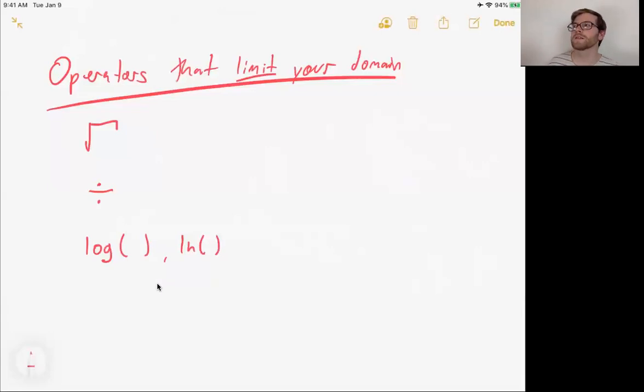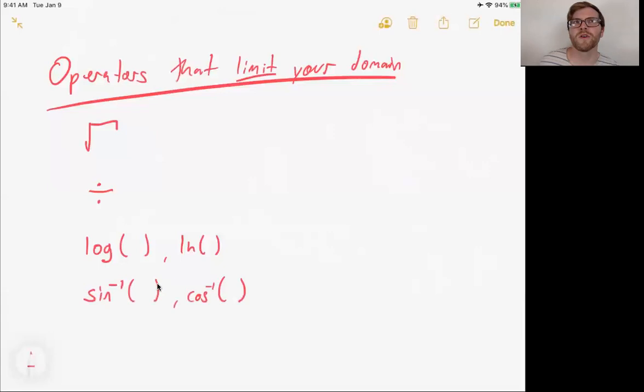Let's see, what else is there? Oh, if you've encountered trig functions and inverse trig functions, those can come up too. And like I said, if you haven't seen these yet, then you don't need to worry about it. But like the inverse sine or the inverse cosine, those kinds of functions, they'll limit your domain too.